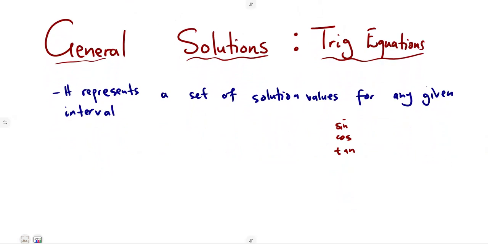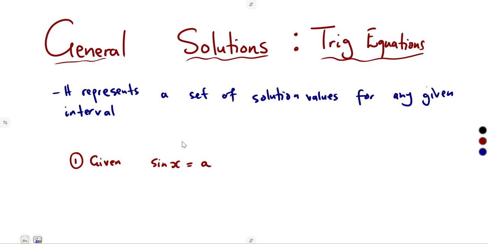So the first thing is the layout of an equation. The first one: given the sine of x, or the sine of theta as an angle, whatever you're given, which is equal to a.